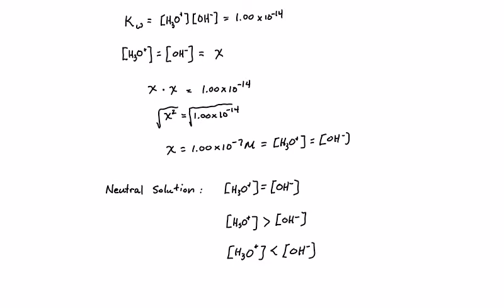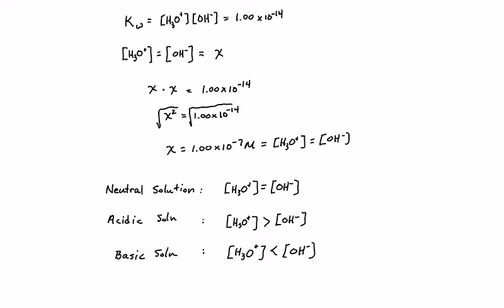So when we have more hydronium present than hydroxide, we say that that is an acidic solution. And if the concentration of hydronium is less than the concentration of hydroxide, that's going to be considered a basic solution.